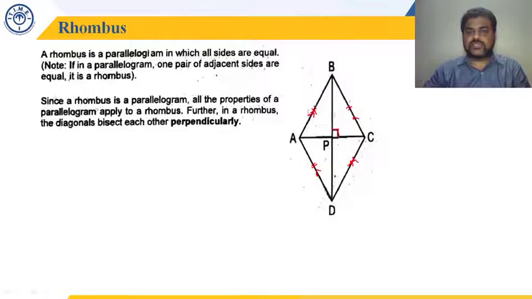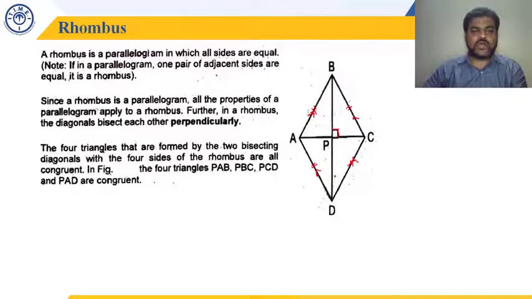So this property is the same as the property of a square, that diagonals bisect each other at 90 degrees, but the diagonals are not equal. If the diagonals become equal, then it will become a square. Fine. So diagonals bisect each other at 90 degrees, or we can say diagonals bisect each other perpendicularly.